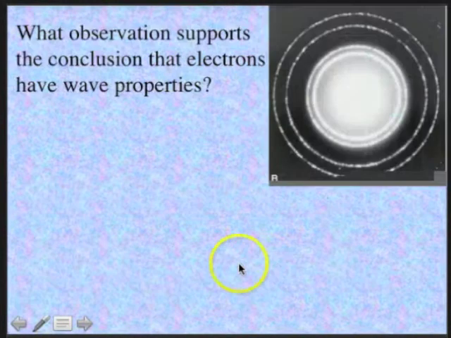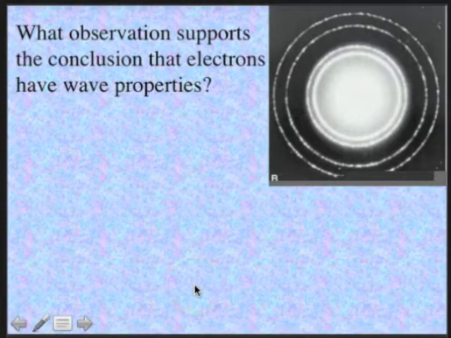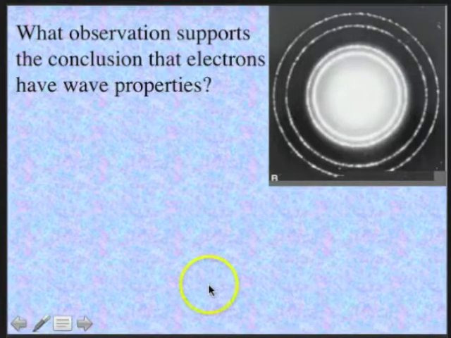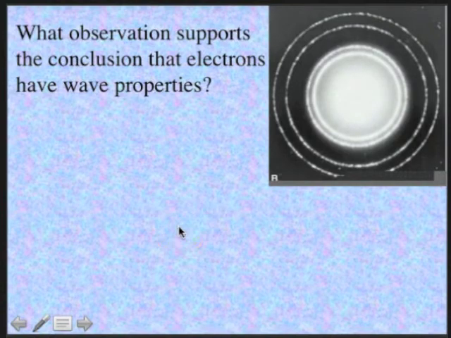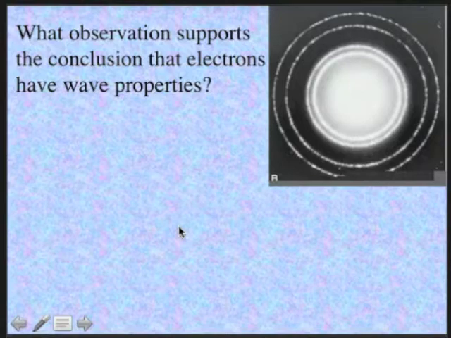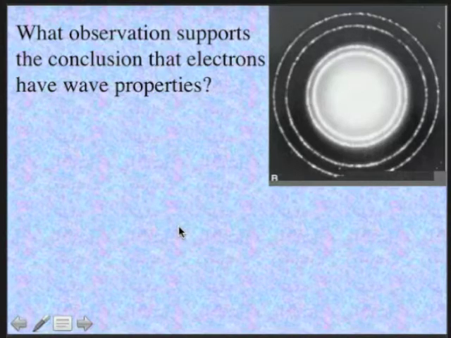Now, if that's true, if electrons have considerable wave character because their mass is so small, is it possible to diffract electrons? Like waves undergo diffraction, can electrons undergo diffraction?